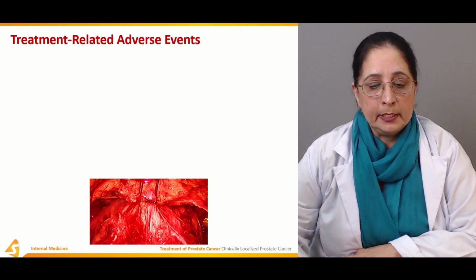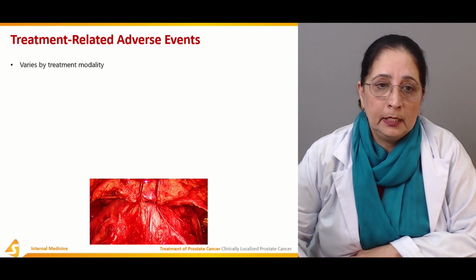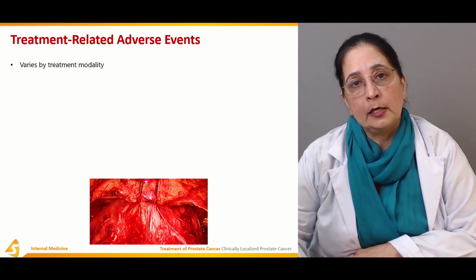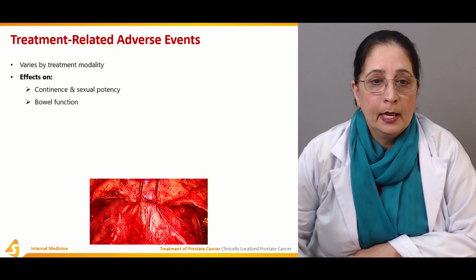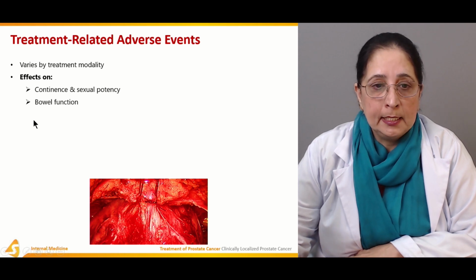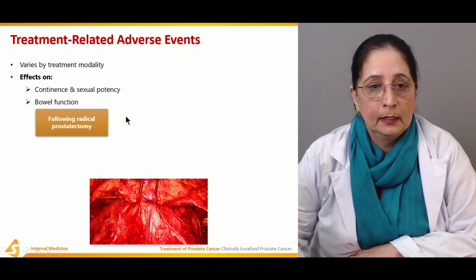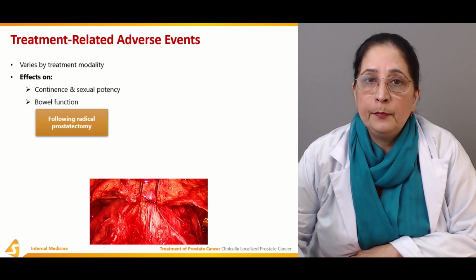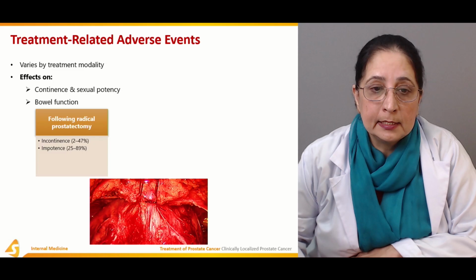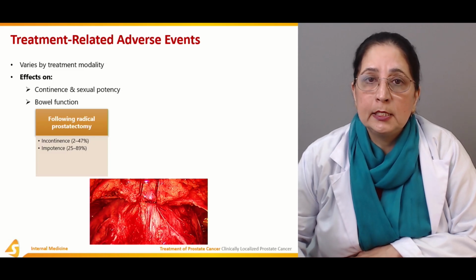Treatment-related adverse events of the treatment of prostate cancer vary by treatment modality. Effects on continence, sexual potency, and bowel function. Following radical prostatectomy, incontinence is 2 to 47% and impotence is 25 to 89%.